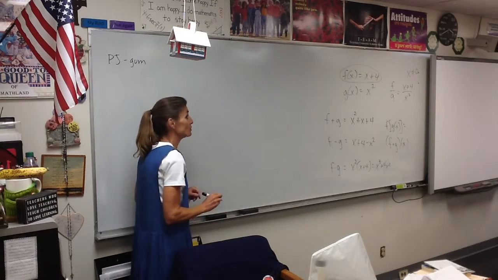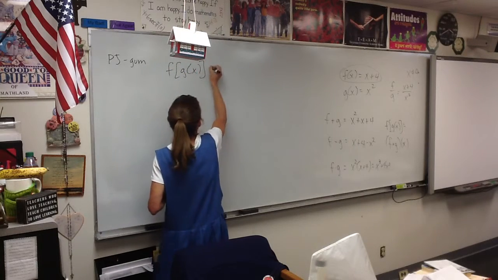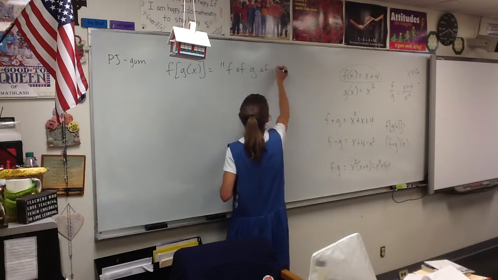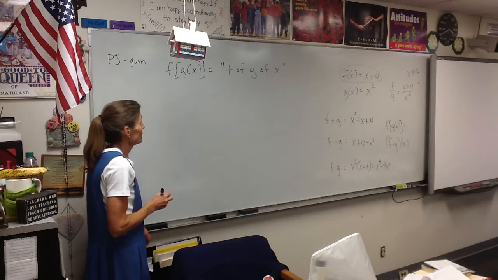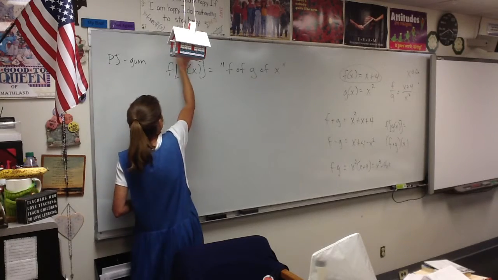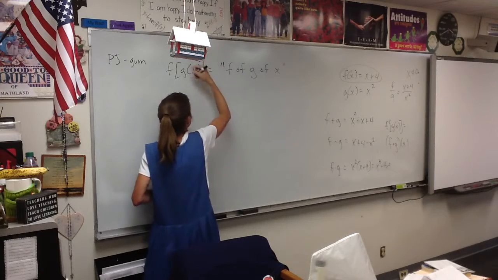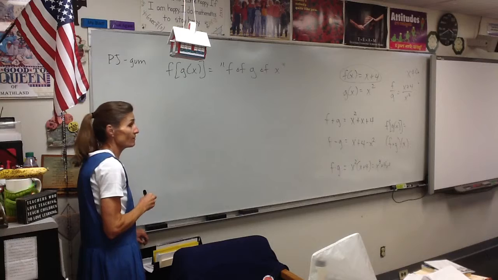F of g of x, exactly. That's how we say it. And again, that little open circle can represent the same thing. Those are two notations for the same thing.